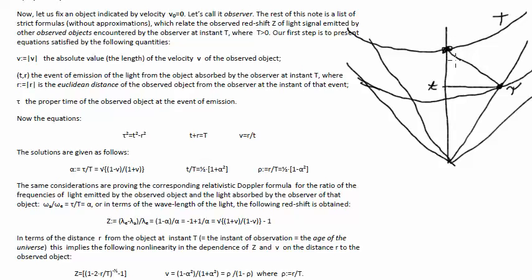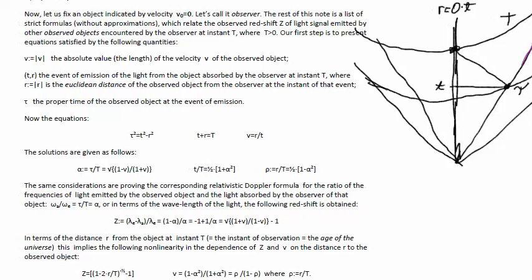We're going to have an object fixed by velocity v sub naught equals 0. So that's r equals 0 at time t. That's what that one line represents here. And we're going to have this observed object over here that is moving with r equals vt, where v is the absolute value of the velocity of the observed object.